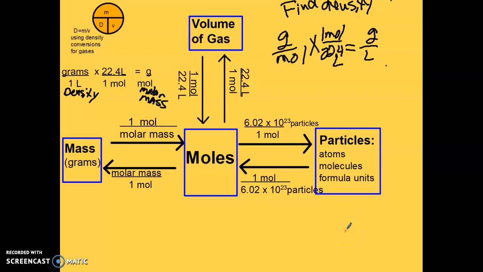For any assessments that we do for this unit, I'm going to let you use this little cheat sheet. I know all along I've said absolutely not, and some of you are totally fine with that, and some of you are struggling. Some years I let students use that, some years I don't.